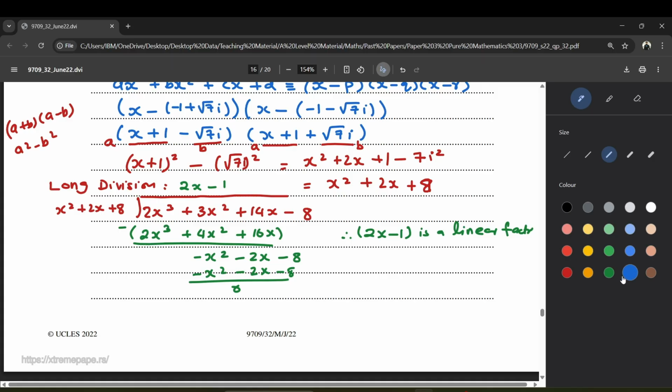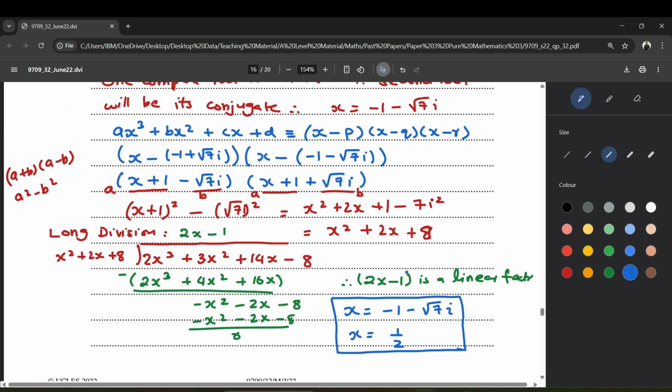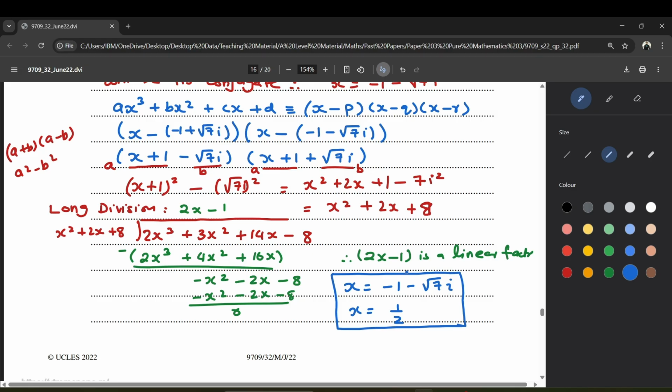So I'm just going to write my final answers here. x is equal to minus 1 minus root 7i, and x is equal to 1 upon 2. So this is your final answer, because the question asked you to give the two other roots to this equation. All right, that is the end of part B.